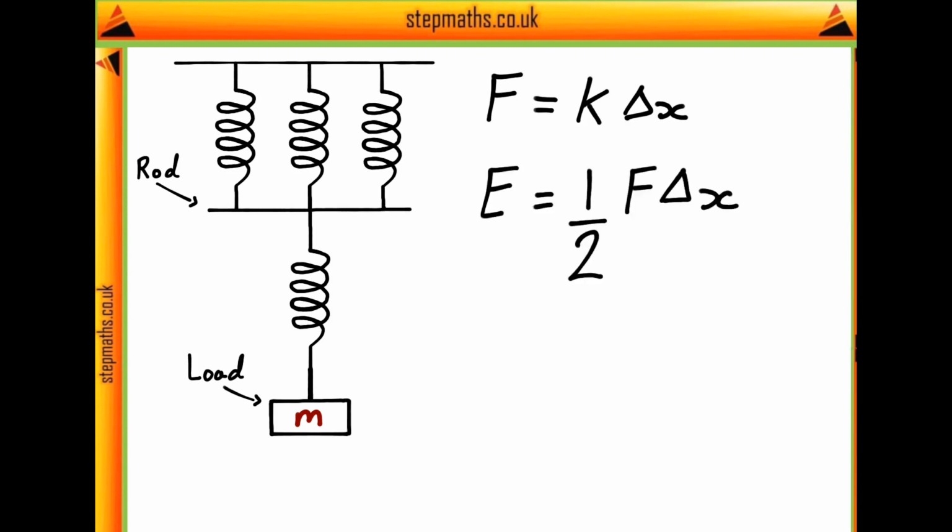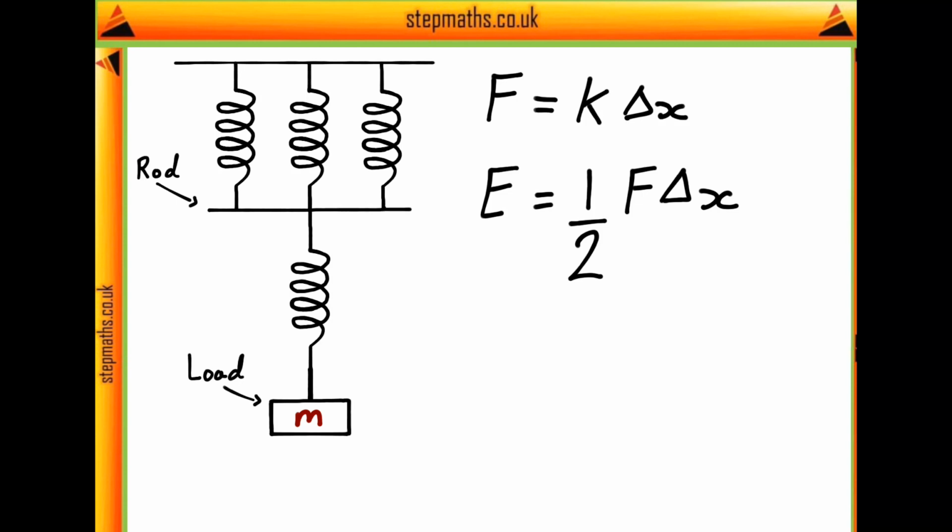So we know with a single spring, that the elastic potential energy of that single spring is given by this equation here, where delta x is the extension of the spring and F is the force applied. But this might not initially seem too useful, since this is for a single spring, and as far as we can tell, we don't have an extension in the information we were given at all.